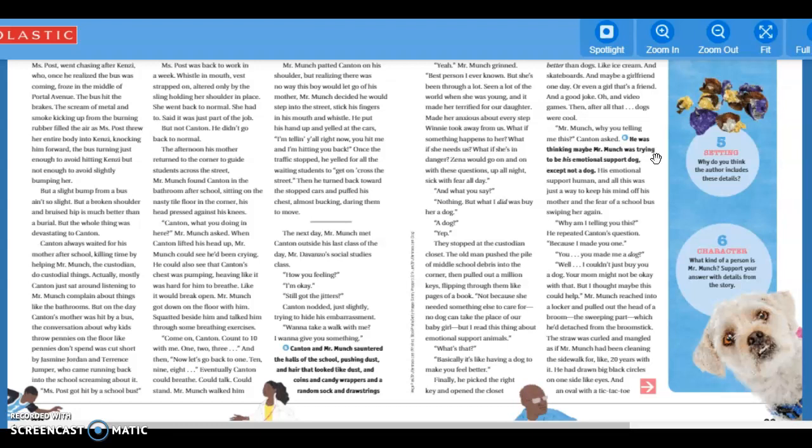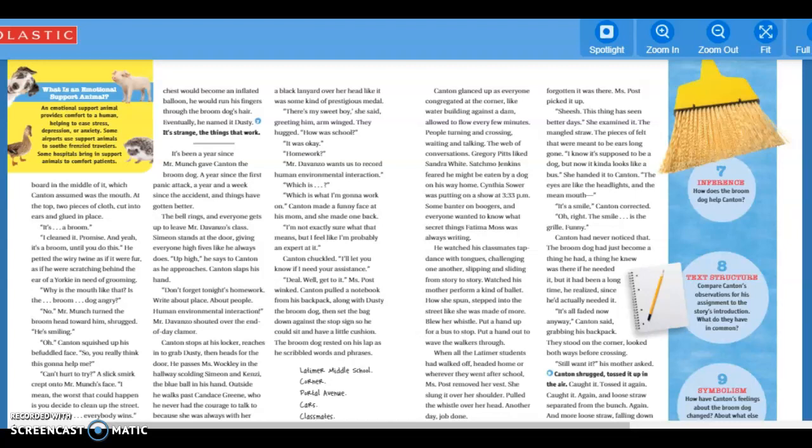We have to try to indirectly figure out what this character is like, because we have to see from his actions and what he says and things that he does to be able to figure out what his characteristics are like. And that's a little bit harder to do when it's more of an indirect characterization that the author is using to help you understand the character.